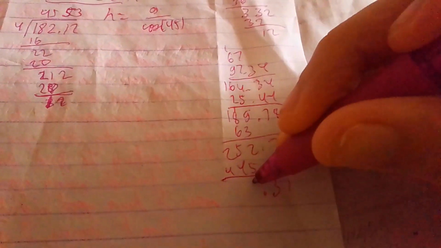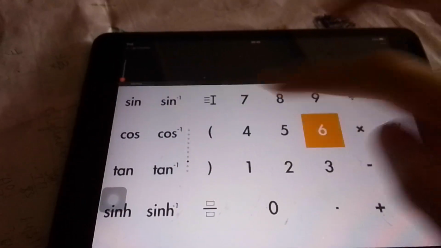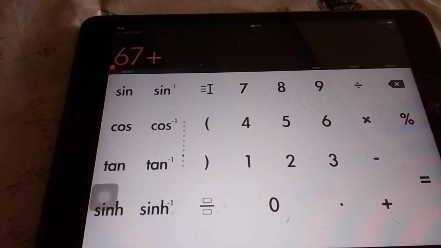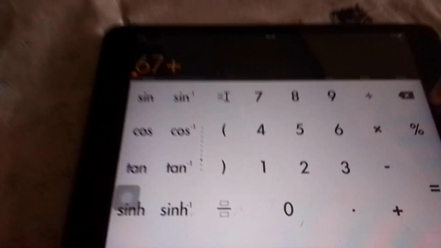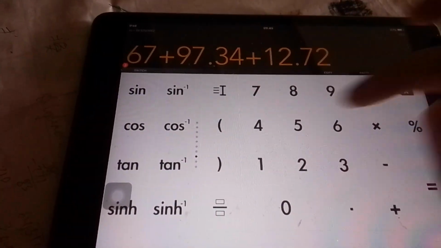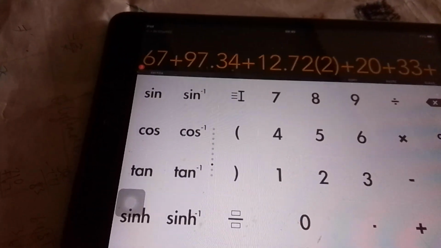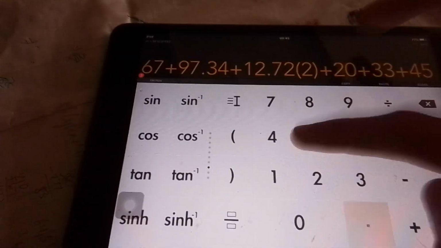When we add this up all together, let's see if we're correct. So we started off at 67 plus 97.34, plus 12.72 times 2, plus 20, plus 33, plus the 45.53.